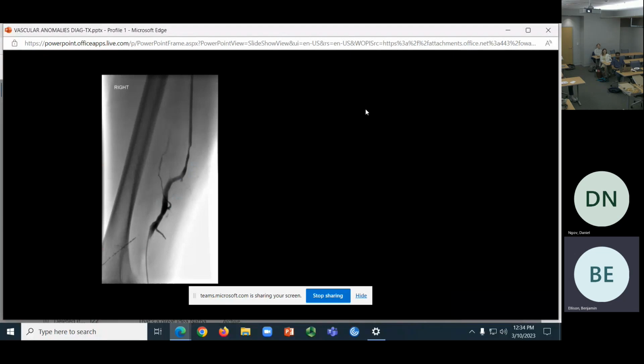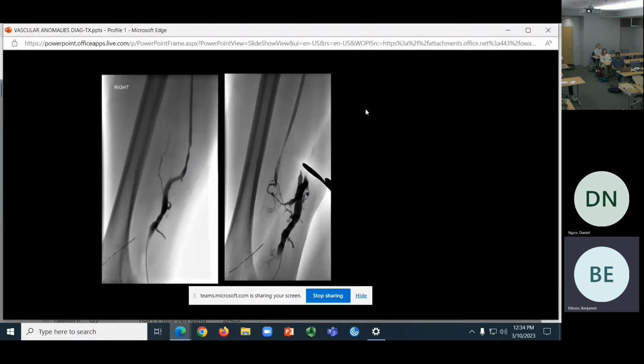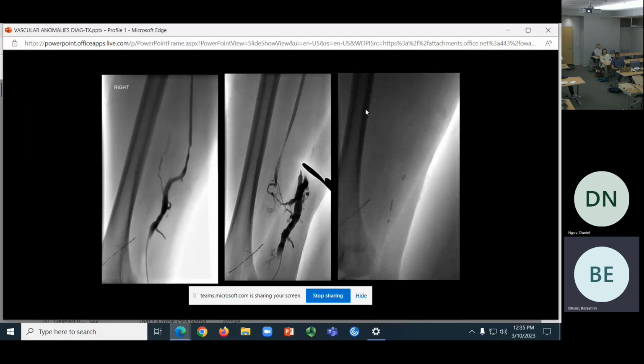So in order to treat this one, sometimes you can block that with compression, but then usually it will find another pathway to the normal circulation. So even if you compress, if you inject the agent, it will go to the normal vein. So in this case, we use a specific device called laser ablation.